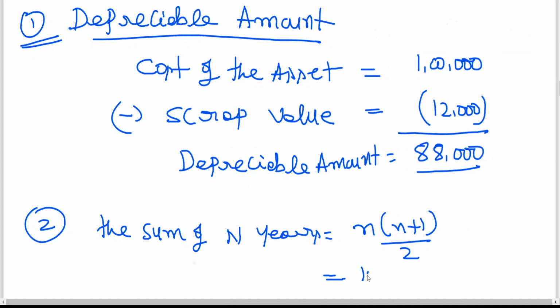Where n is the number of years, that is 10 years in this problem. Not for every problem is it 10 years. If it is 5 years, you take 5 into 5 plus 1 by 2. I've already calculated, we got 55.